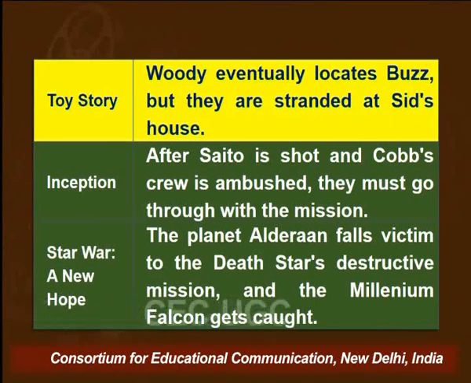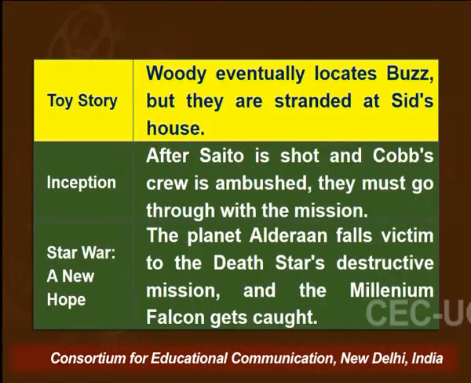Now, whatever good was going on, for the first time you get, oh my God, what is happening? How will they do it now? That sort of a stage is the search stage. Then Star Wars, basically the planet Alderaan falls victim to the Death Star's destructive mission, and the Millennium Falcon gets caught. So this is how it has been.